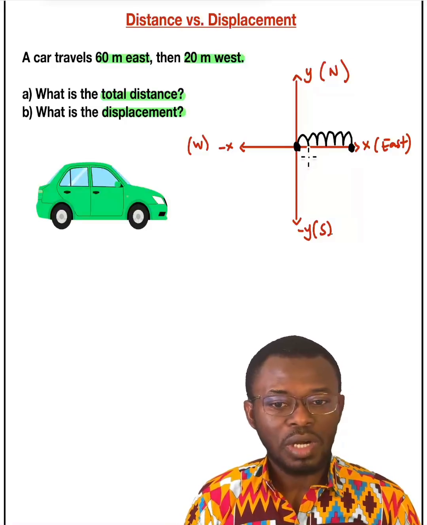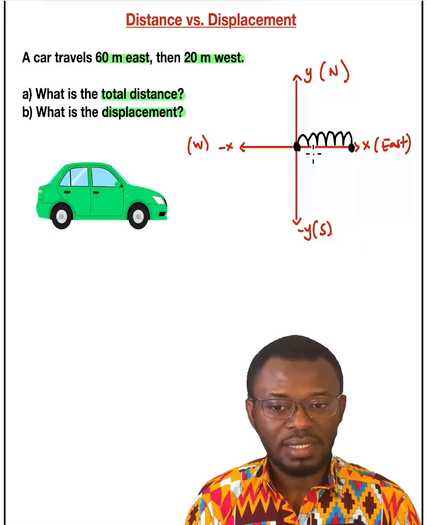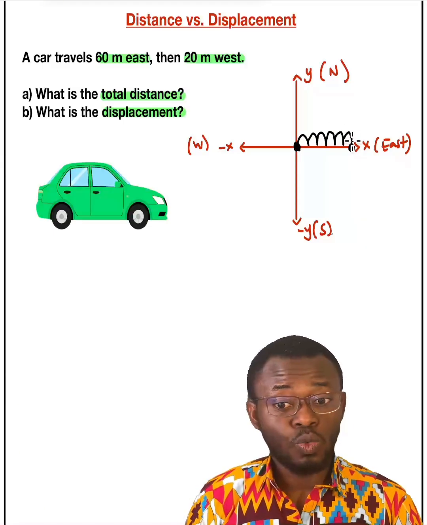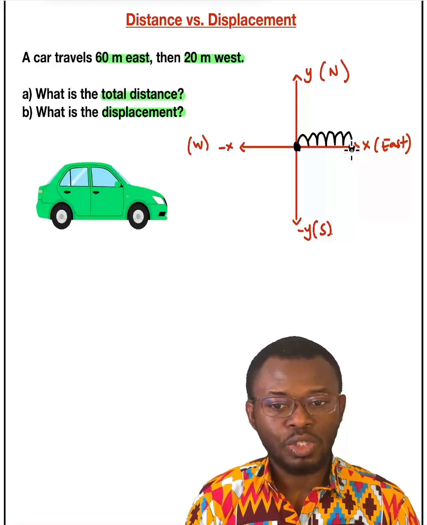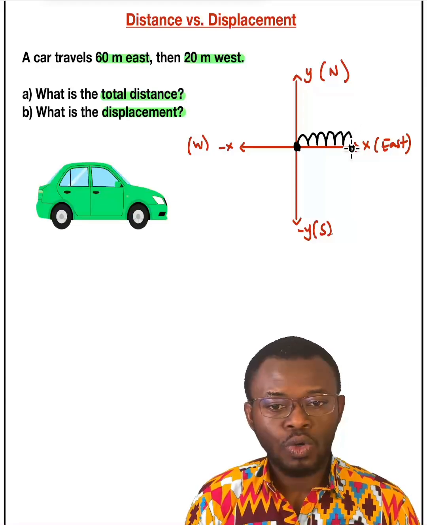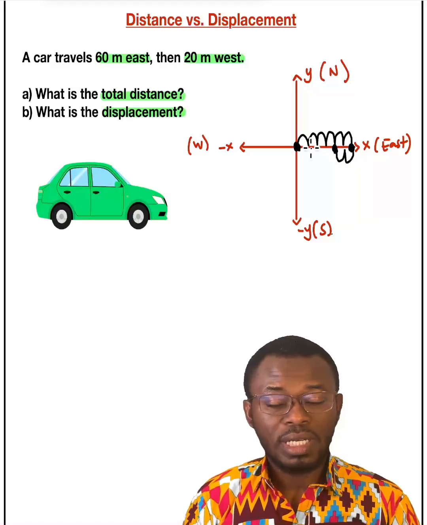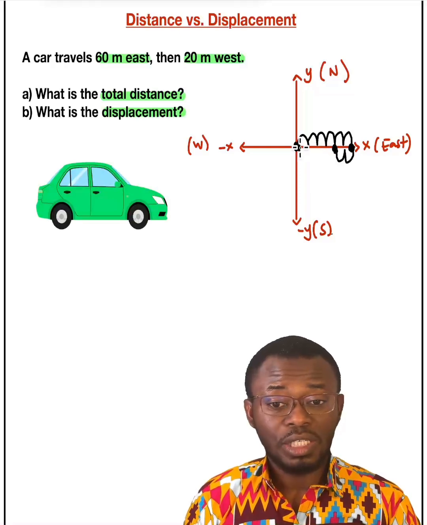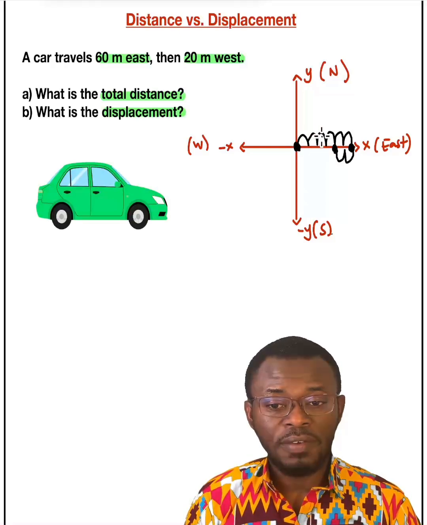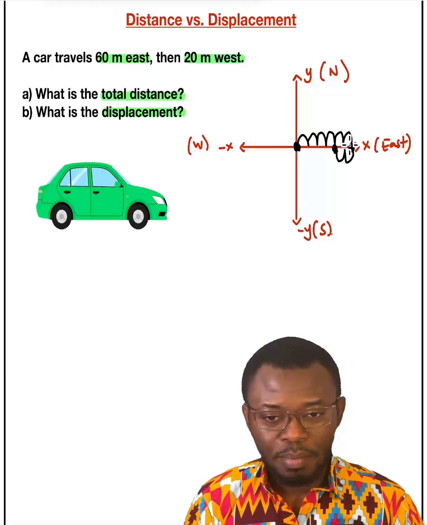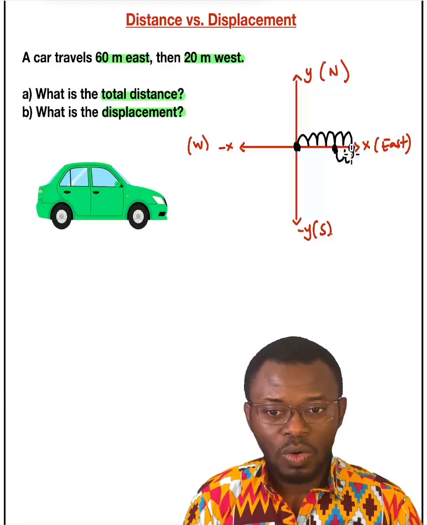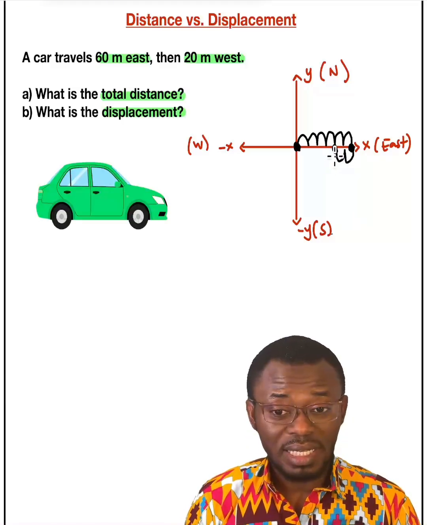And then it traveled 20 meters west. So these jumps are positive jumps, and then it went west. West means that it starts from here and goes 20, which is 1, and then 2, and it ends up here. So when it comes to distance traveled, it traveled 60 meters east, and then 20 meters west.